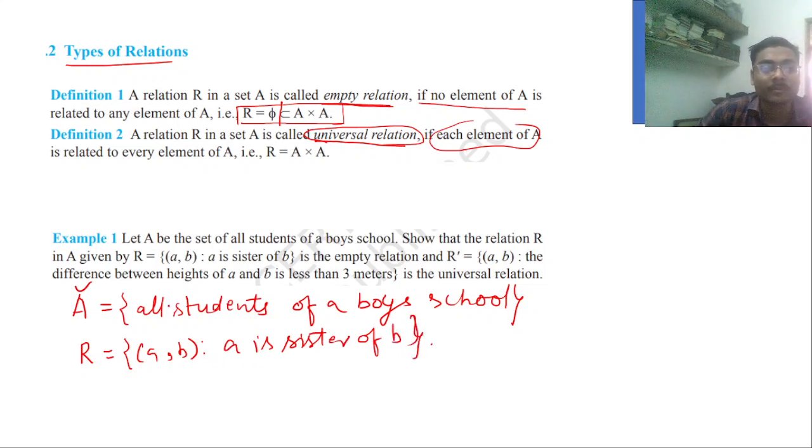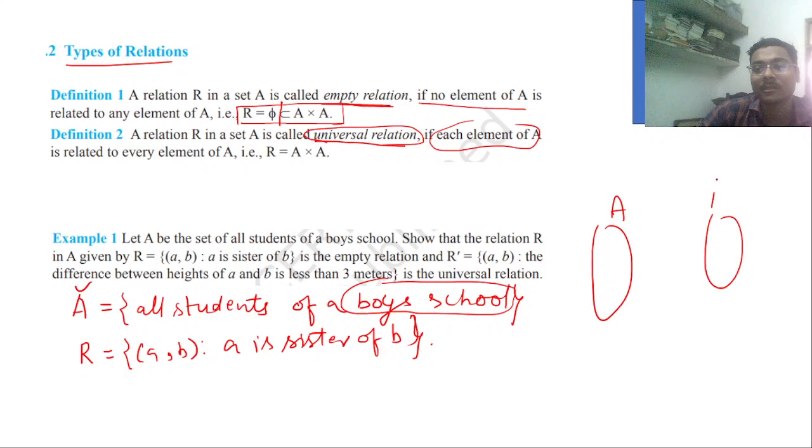Since this is a boys school, we have to define an A to A relation. Here all the students are of a boys school. Can two boys be the sister of each other? Tell me this one thing.